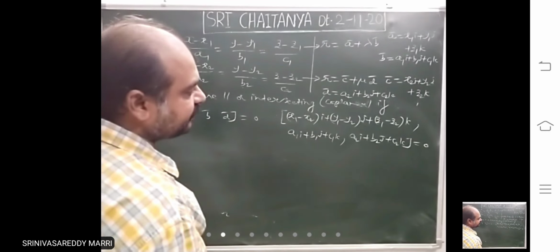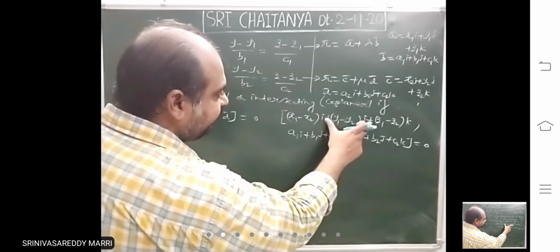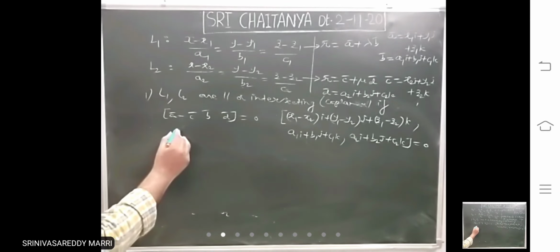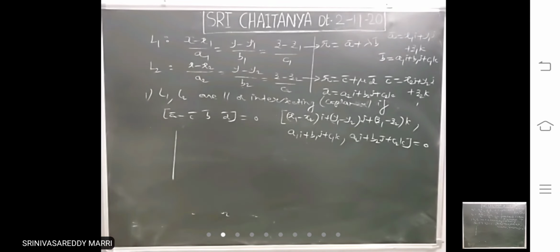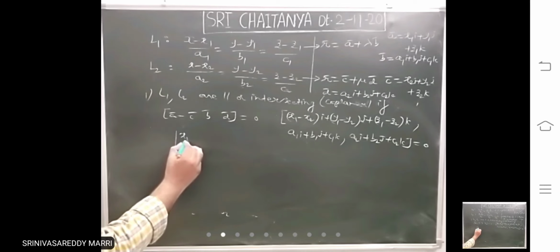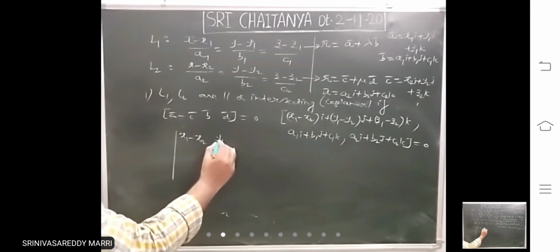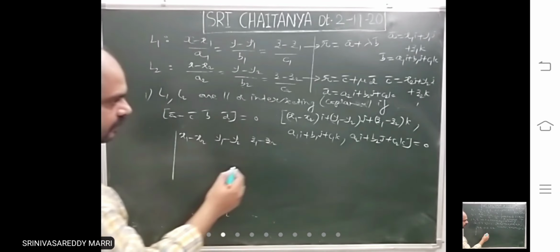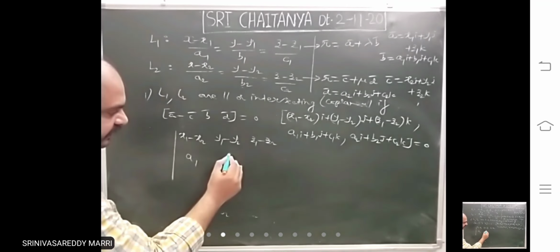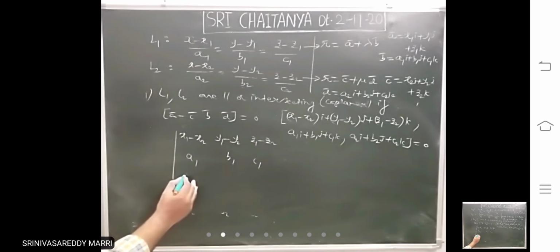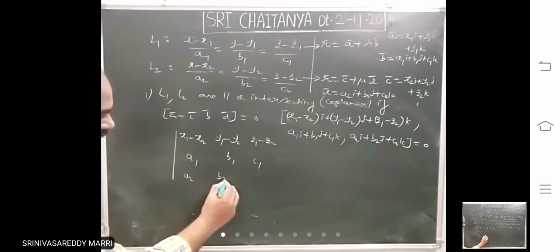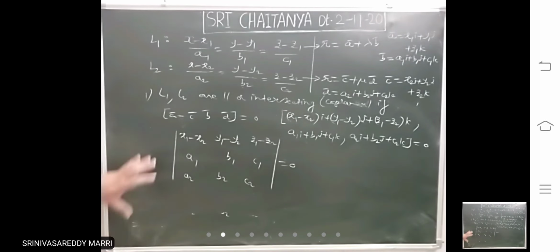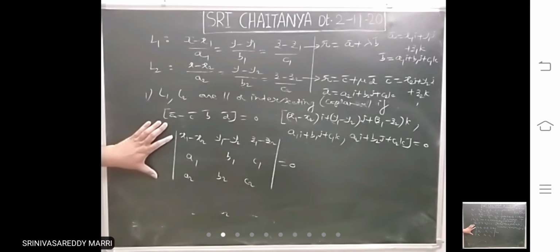In scalar triple product we have seen box of one vector, comma second vector, comma third vector is nothing but the determinant of the vectors, first vector in first row, second vector in second row, third vector in third row, equal to 0. This is Cartesian form, right?